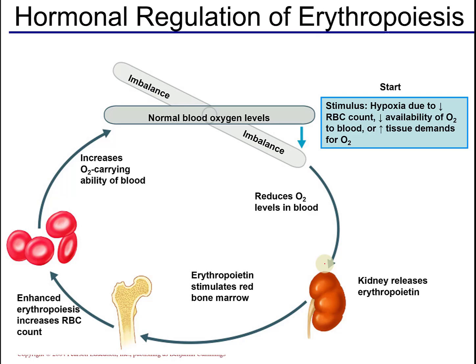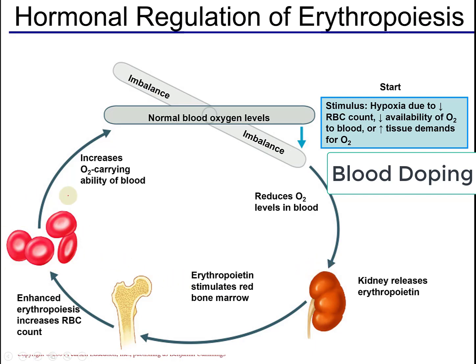So some athletes have illegally done something called blood doping, which is when they remove some of their blood, centrifuge down just the red blood cells, and then put them in the refrigerator and wait till just before an athletic event. Then they re-inject the red blood cells, and now they have more red blood cells, so they have more oxygen carrying capacity, which gives them an edge in terms of their performance.